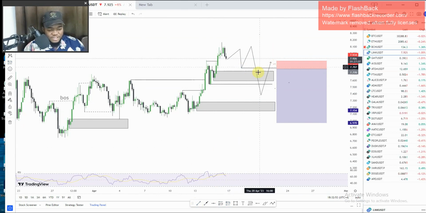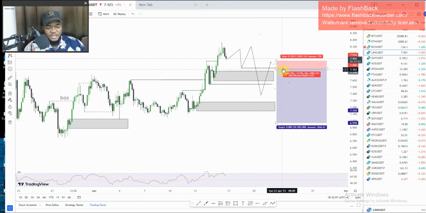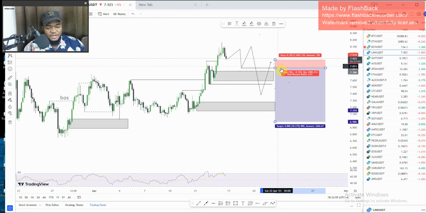So what happens here is the price will come up here, close here, take all the liquidity here, and pick another entry here to short, because it has broken this particular structure it created here for the first time.